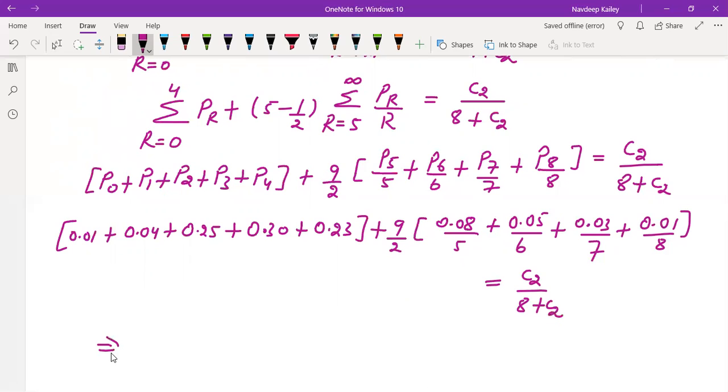After solving this, we will get the value of C2 as 216.